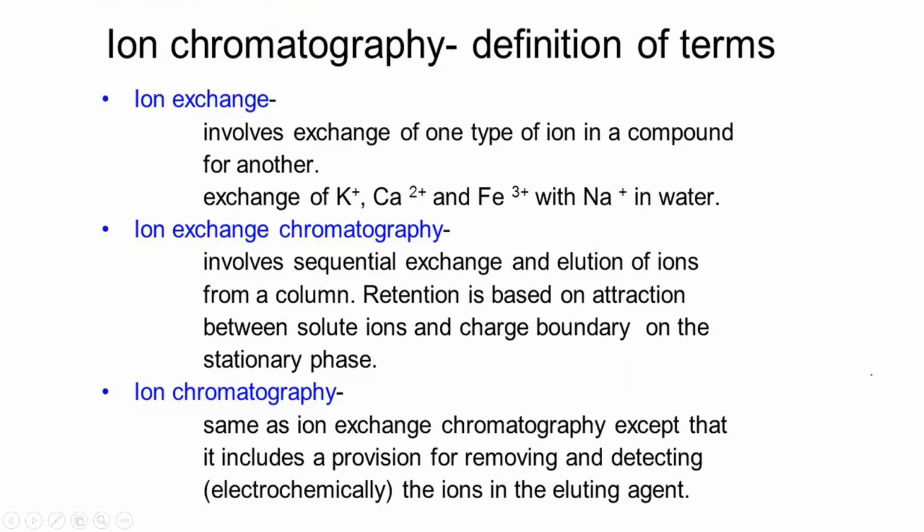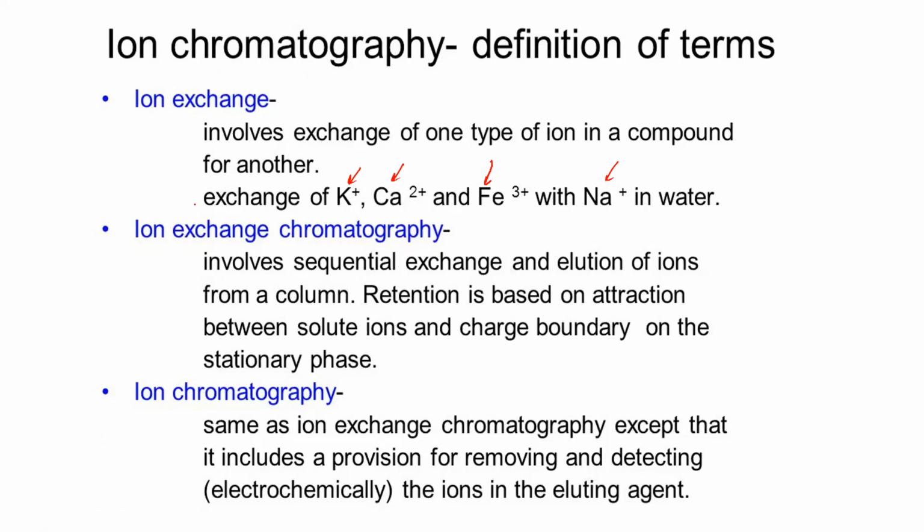So if you have a mixture of molecules, again, it could be a mixture of macro, micro ions. There could be these ions in your sample, or it could be macromolecules such as proteins or nucleic acids. Now, the separation achieved in ion exchange chromatography is based on charge.